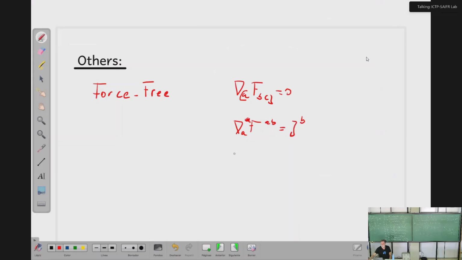And here what you do is multiply this equation by another F, the b-index gradient of F a,b equals 0. You say, okay, my F is going to be perpendicular to J. So this equation plus this equation is for free. And this is symmetric hyperbolic.